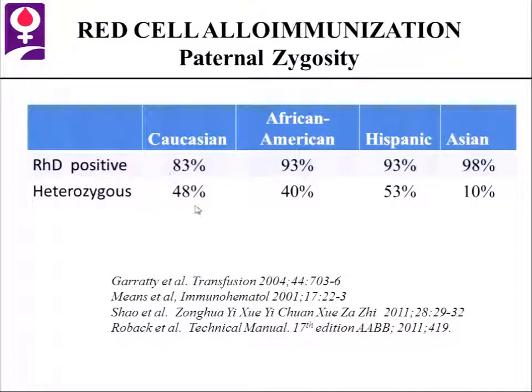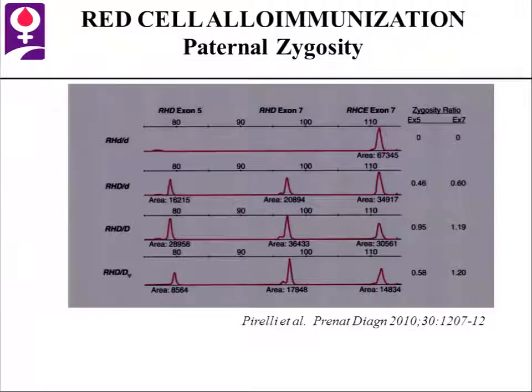And then if you look at zygosities, you can see that being heterozygous, with the exception of Asian ethnicity, is quite common. And obviously, if someone is heterozygous, if the partner is heterozygous, you have a 50-50 chance of an affected offspring. In the past, we used to use serology to determine statistically whether a partner was heterozygous or homozygous. A lot of people still do that, but there are DNA techniques out.